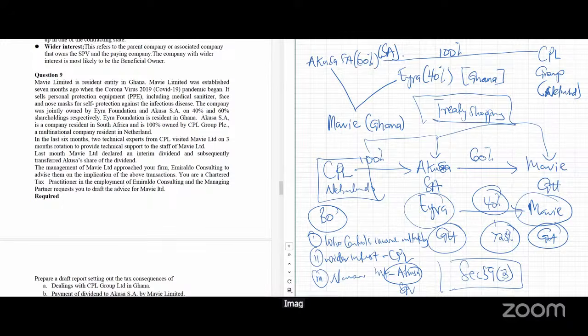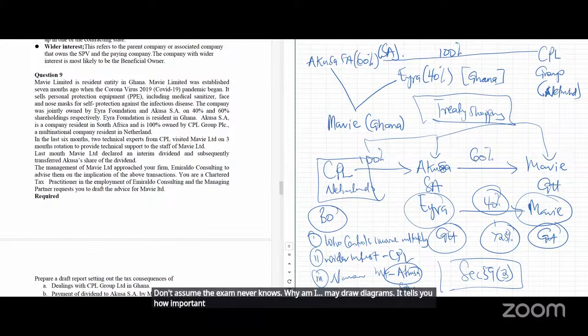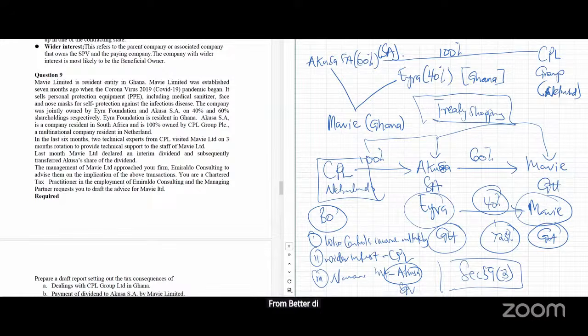Imagine. That's why I'm here for you, right? Don't assume the examiner never knows. Why do I make you draw diagrams? It tells you how important the diagrams are. Don't try to be a hero in the exam. Draw the diagram and name the entire structure.